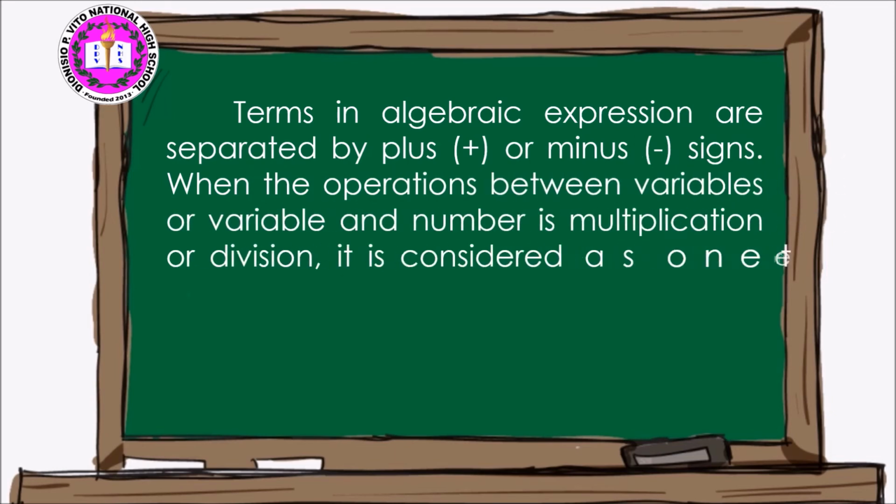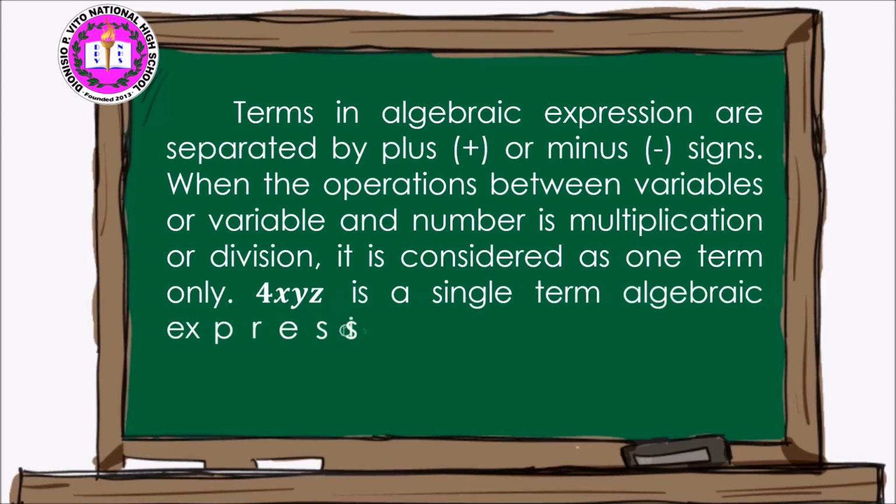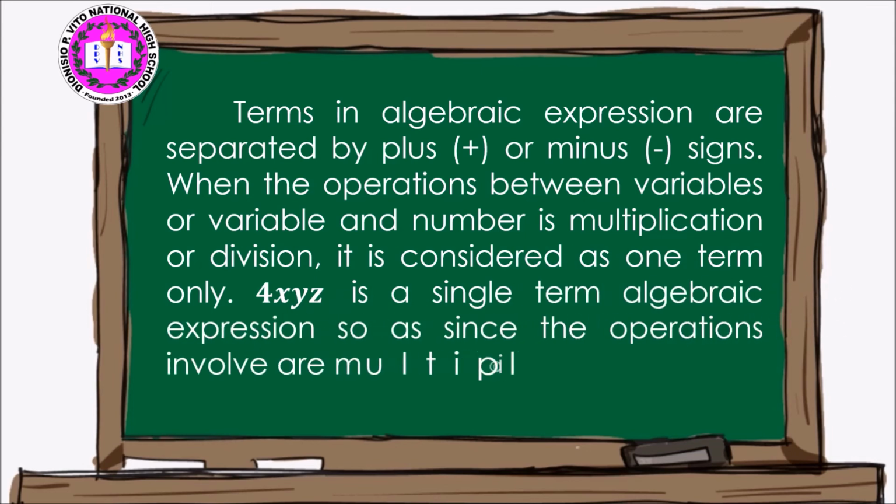When the operation between variables or variable and a number is multiplication or division, it is considered as one term only. 4xyz is a single term algebraic expression, since the operations involved are multiplication and division.